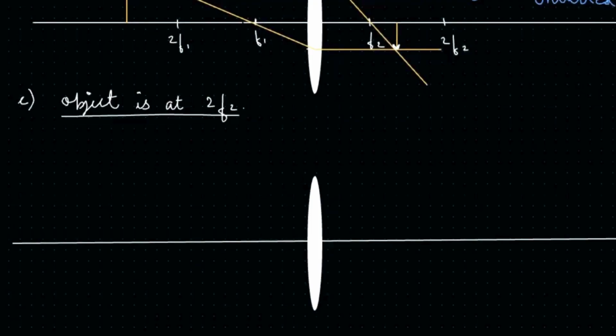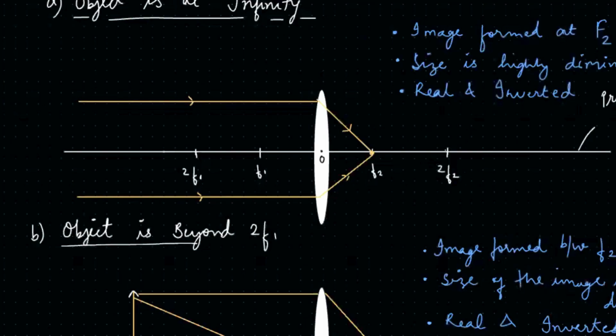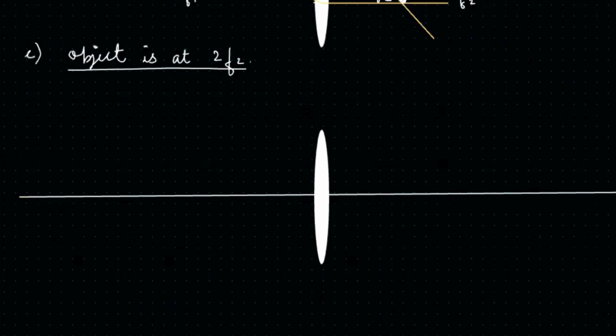Now, again we will point out the focal points f1, and this is 2f1, where this is 2f1, this is f2, and this is 2f2. And obviously this is the optical center.